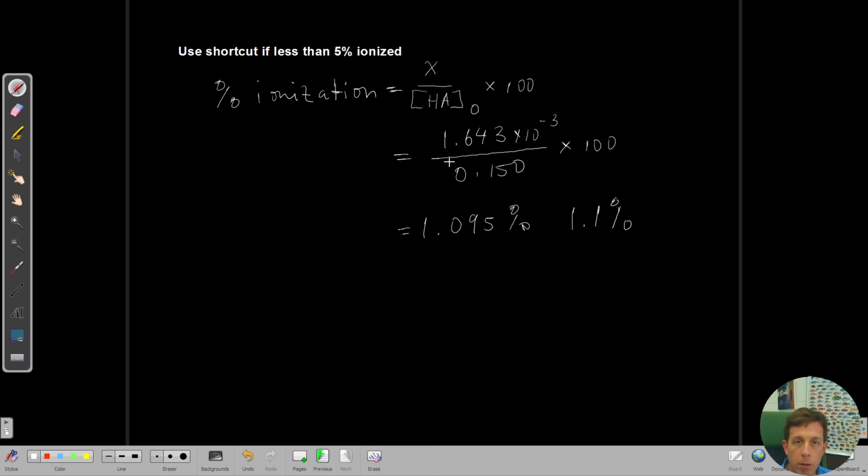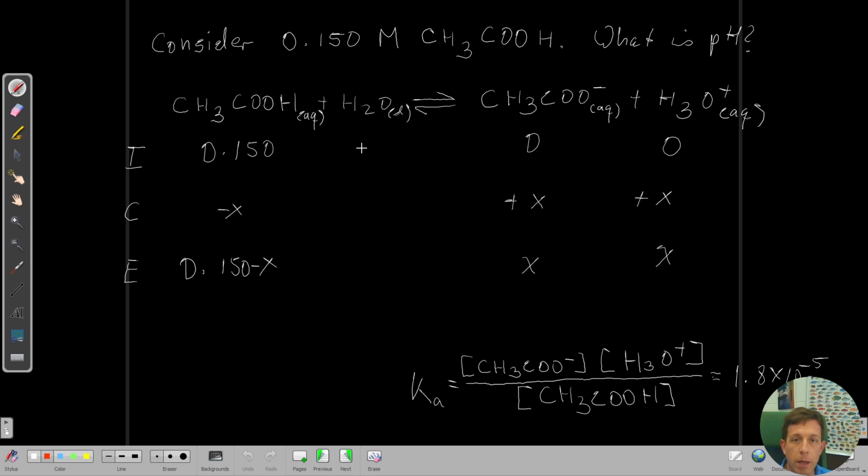And we can use this shortcut if less than 5% is ionized. So if this number were to be larger than 5%, we would still need to do the quadratic. So this means that about 1% of the acetic acid has converted to hydronium and acetate ions. So let's represent that graphically here in the balanced equation.